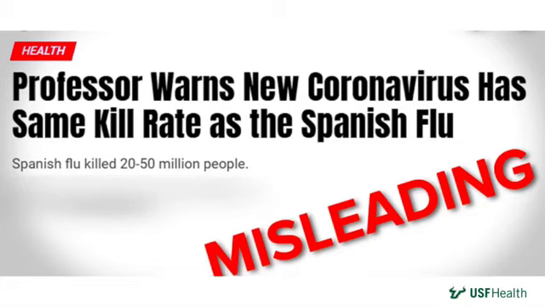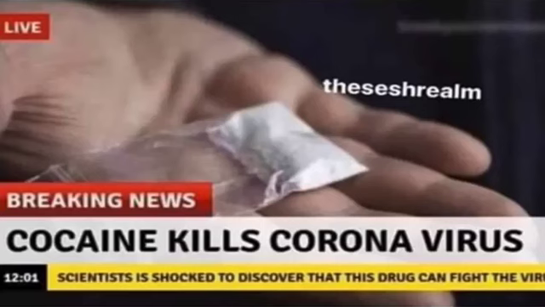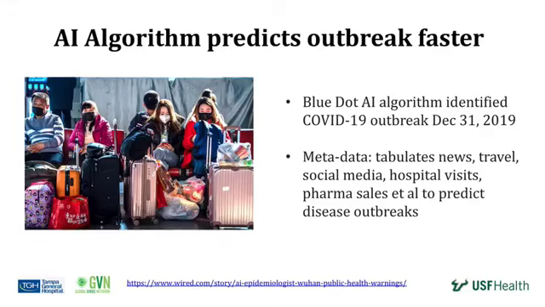It says here, professor warns new coronavirus has the same kill rate as Spanish flu, which we know is not true. The kill rate for SARS coronavirus 2 is much lower than that of Spanish flu. So definitely misleading. And this was breaking news: cocaine kills coronavirus. People come up with interesting stuff.